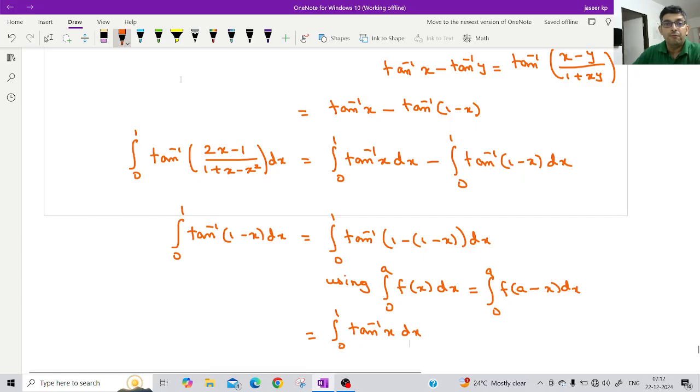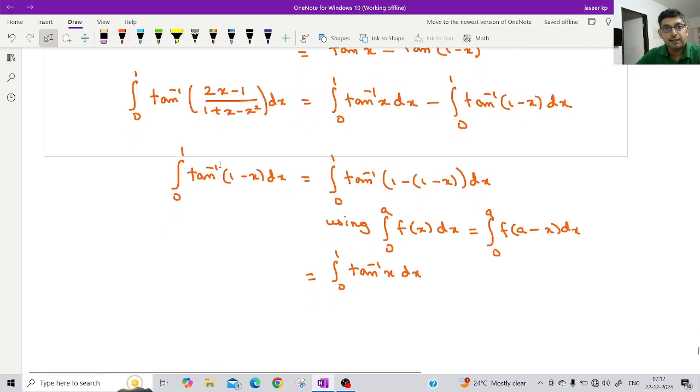So using the property, we are getting integral 0 to 1 tan inverse (1 − x) dx is the same as integral 0 to 1 tan inverse of x dx.